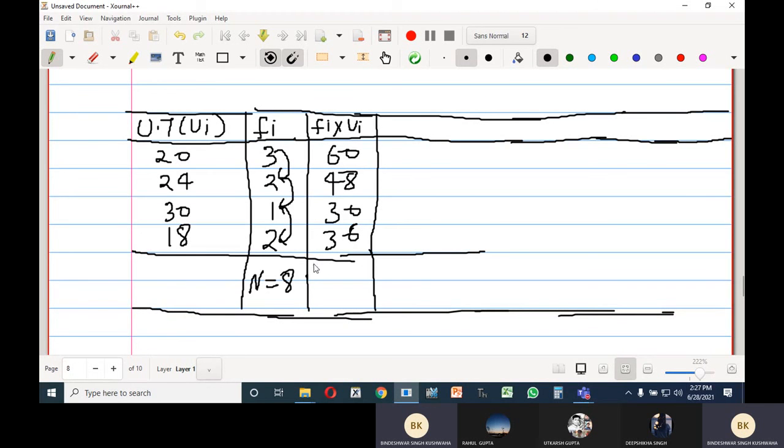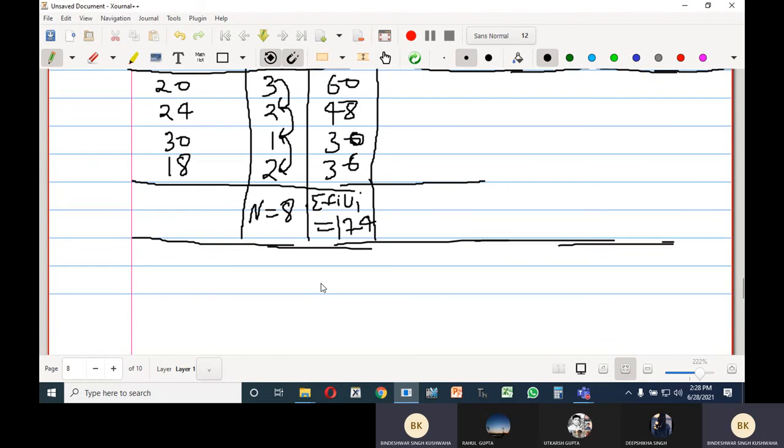Okay, and thereafter you will write here, this is 36. So here summation over Fi into Ui. You will write here 60 plus 48, 108. 108 plus 30, 138. 138 plus 36. It would be 174. Okay, so 174. So you have got n is equal to 8 and Fi into Ui you have got 174.